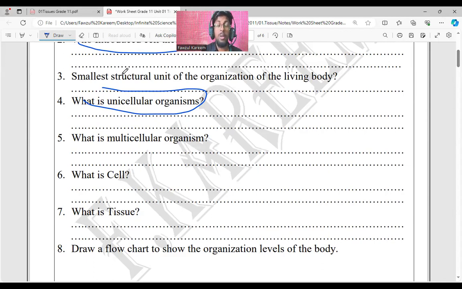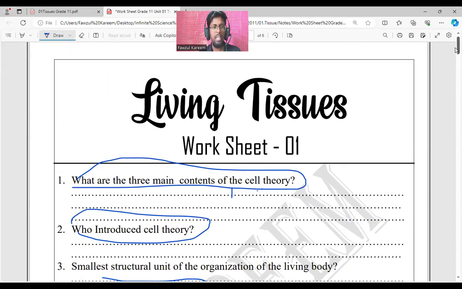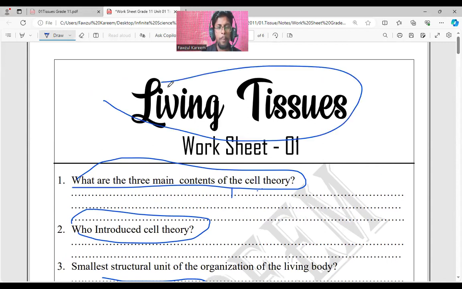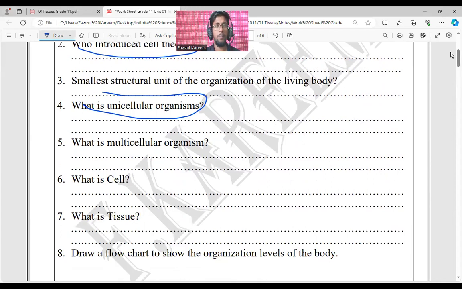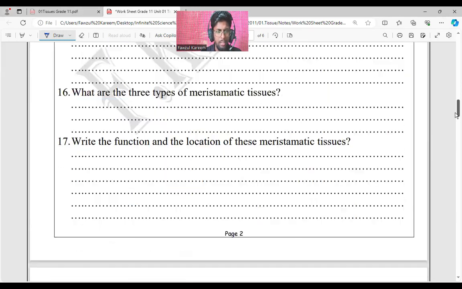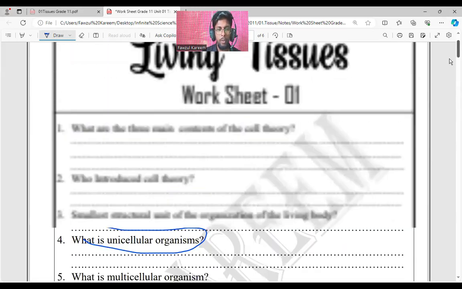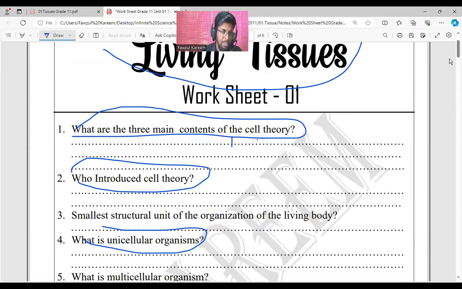You have studied this in your grade 10, unit number 8. So inshallah, I will send the worksheet. This is a worksheet for the living tissues in your grade 11. The worksheet has some questions to revise the grade 10 syllabus, and all the other questions are based on grade 11. When you are studying, you can fill in those questions.